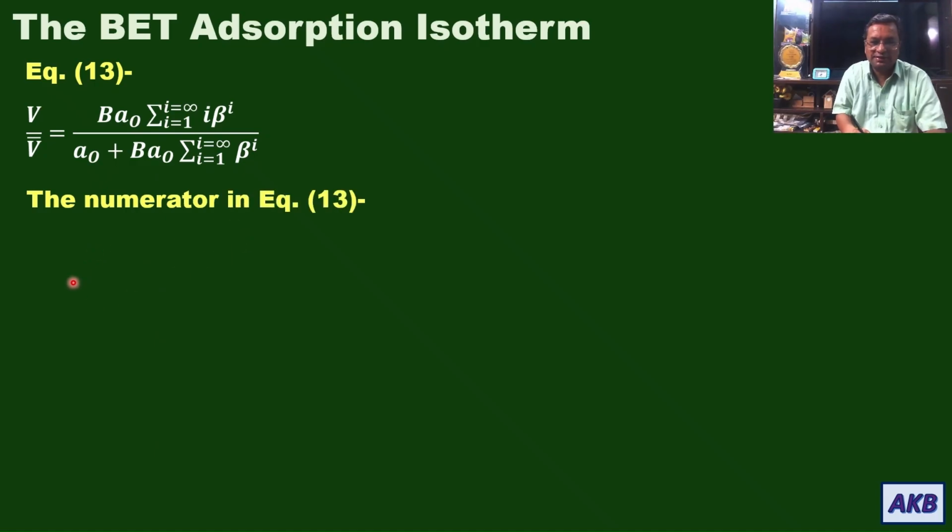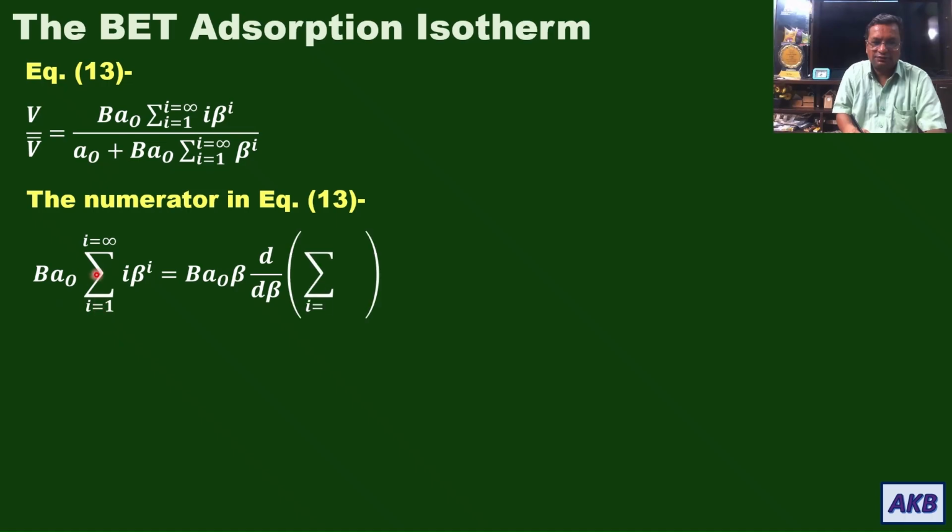So we were analyzing equation 13. The numerator is b into a naught. For the numerator, we got this term previously. Now the series on the right hand side, that is summation of beta raised to i, where i goes from 1 to infinity, is beta plus beta squared plus beta cube, and so forth.